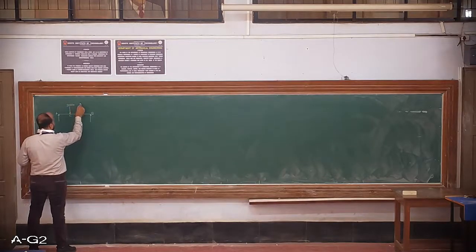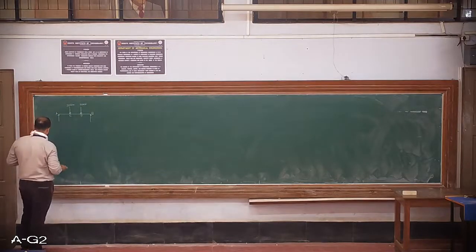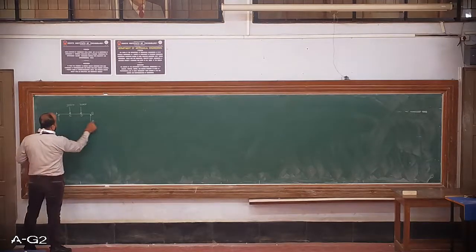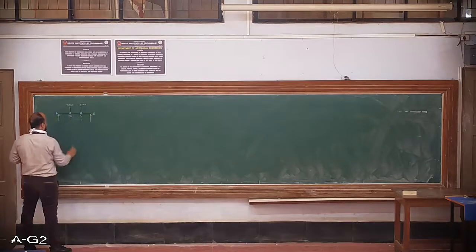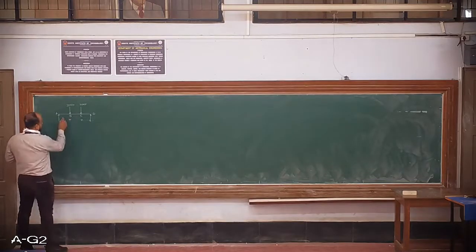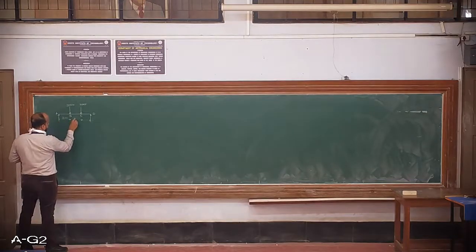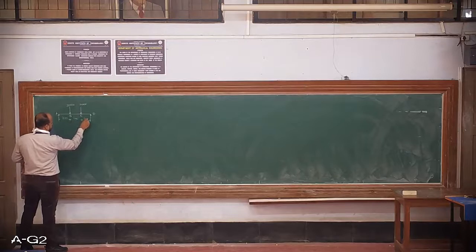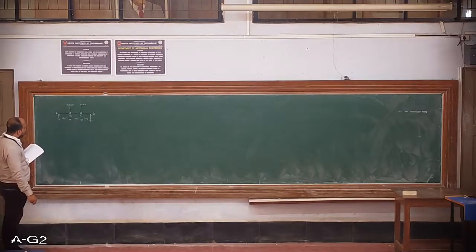This is 30 kilonewton. The distance is, okay, what I will do is I will rename those. So A, B, C, D. Okay, we should not get some confusions. This is 2 meter, this is 1 meter, this is 2 meter.